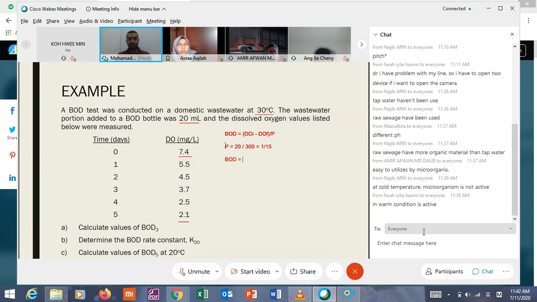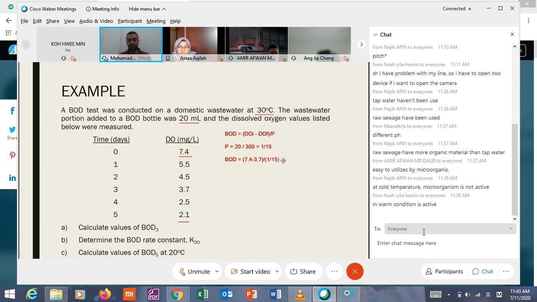BOD equals DO initial, which is 7.4, minus DO final at 3 days, which is 3.7, all divided by 1 over 15. So this is the calculation that has to be done.